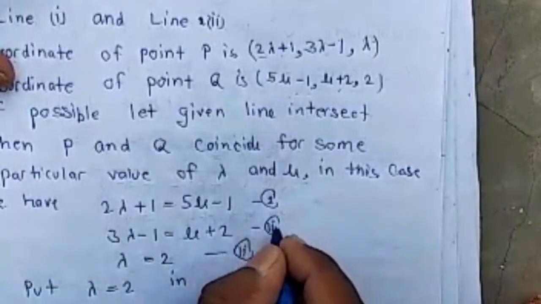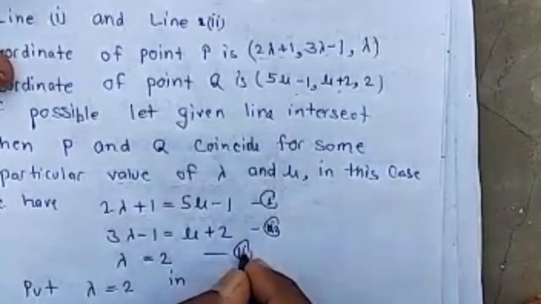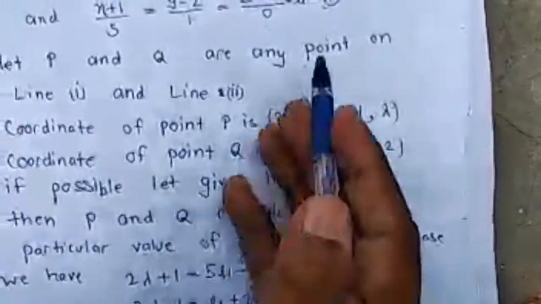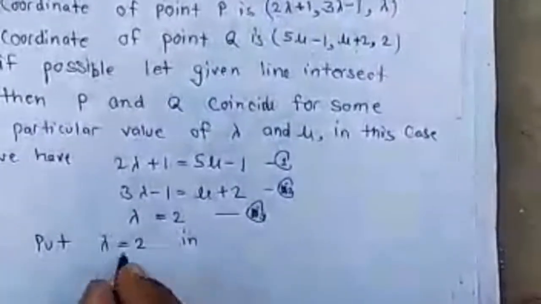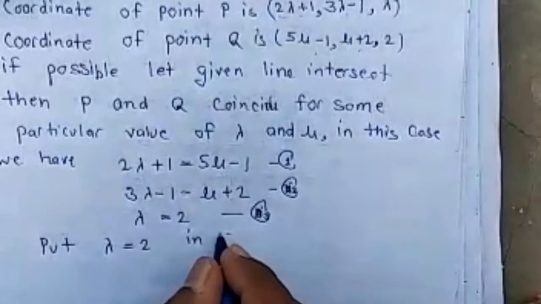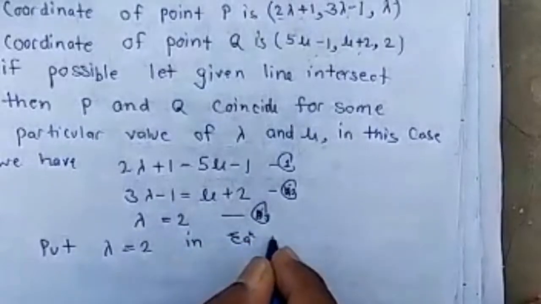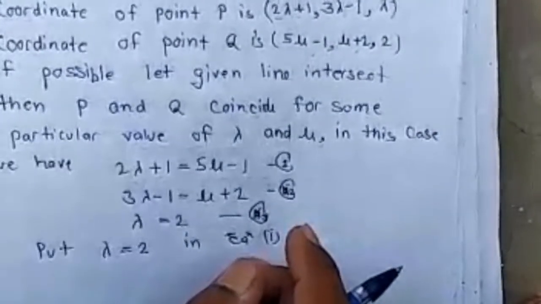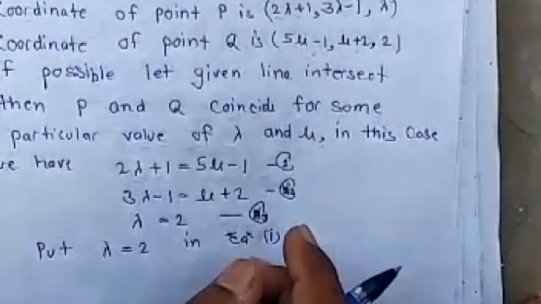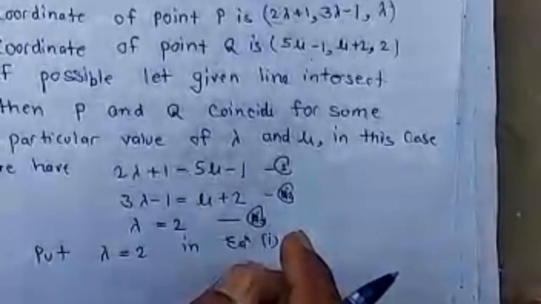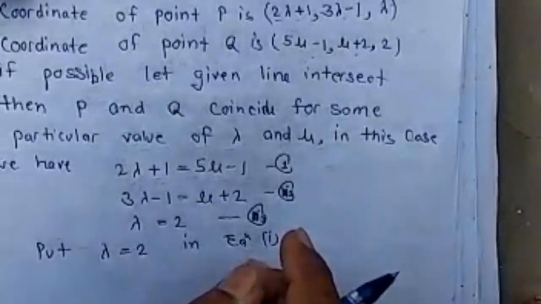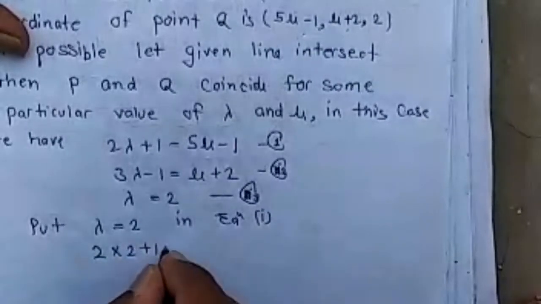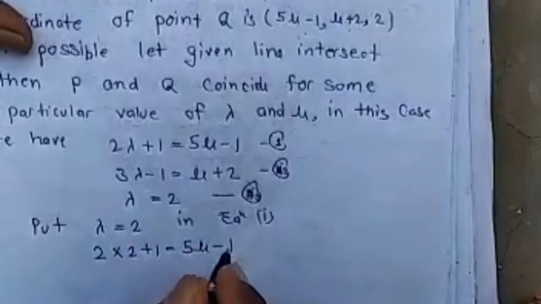We get 2 into 2 plus 1 equals 5 mu minus 1.